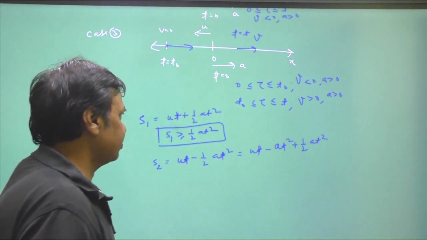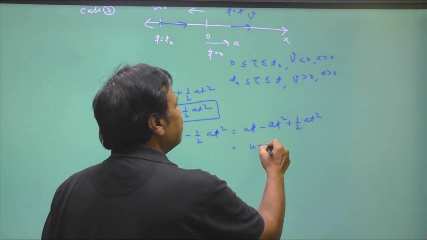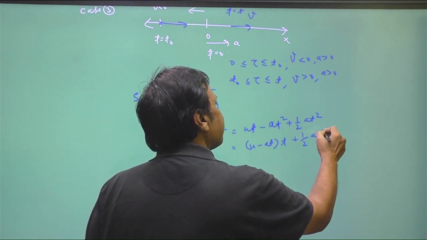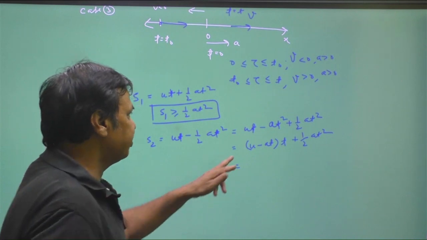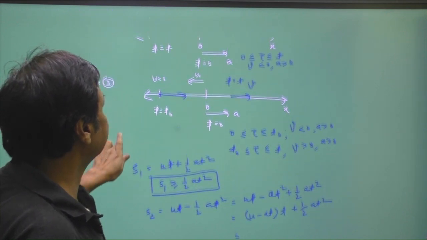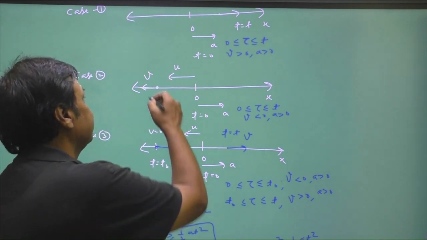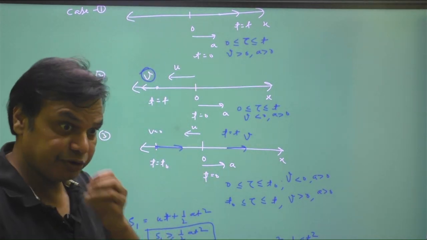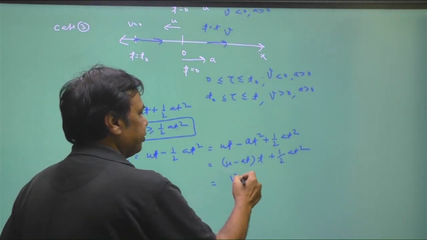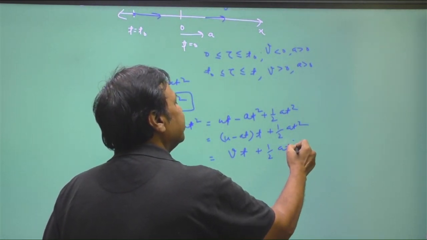So you can do one more thing. You can write it u minus at multiplied by t plus half at square. And then you can see here u minus at is the velocity at any time t. In case 2, this v is u minus at, and so you can write it Vt plus half at square.